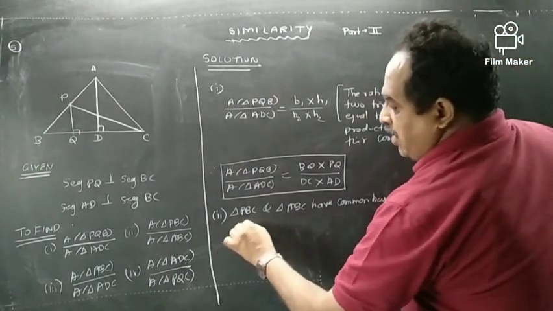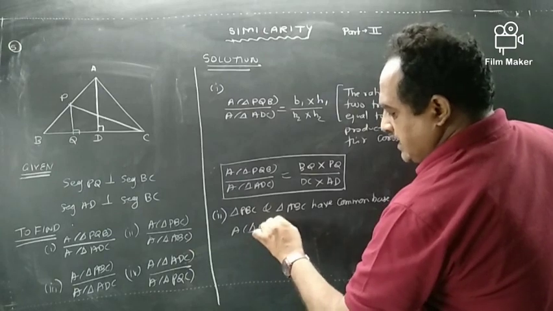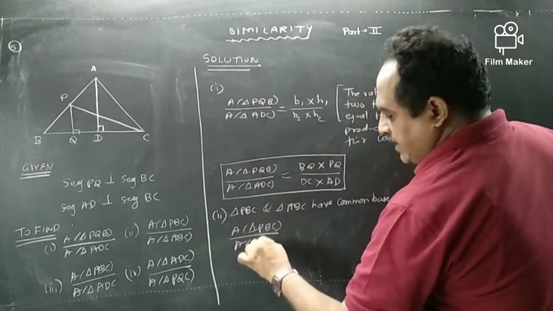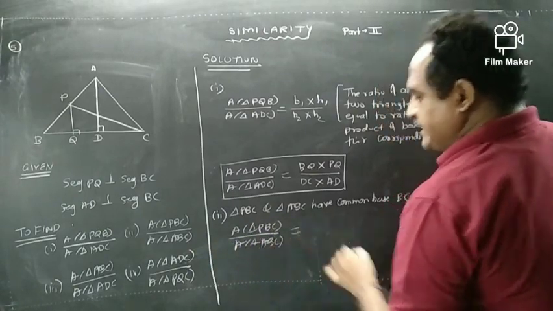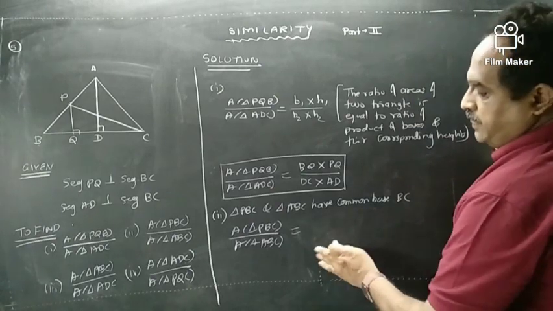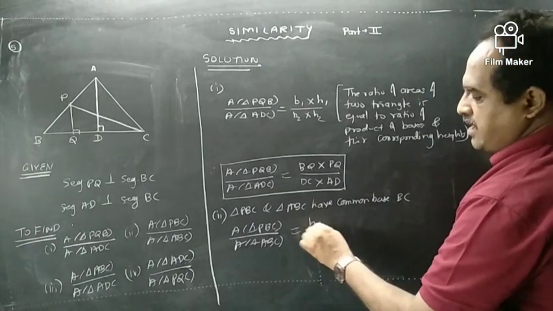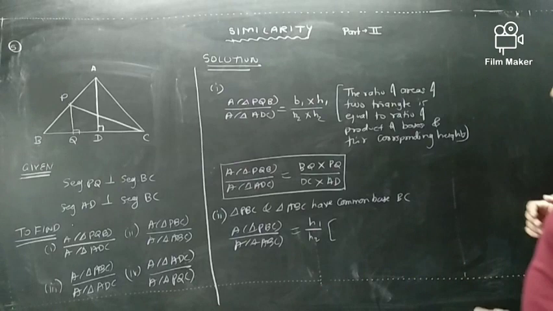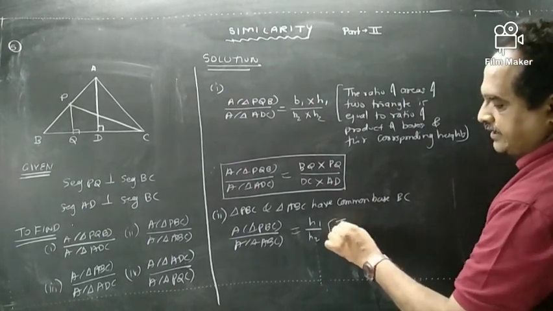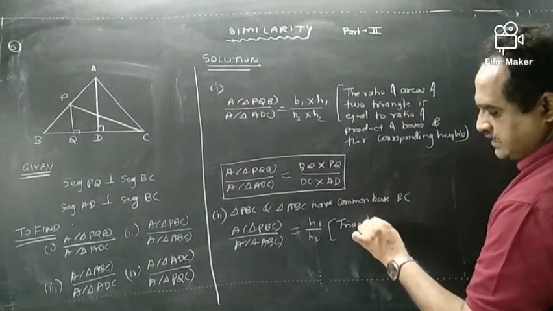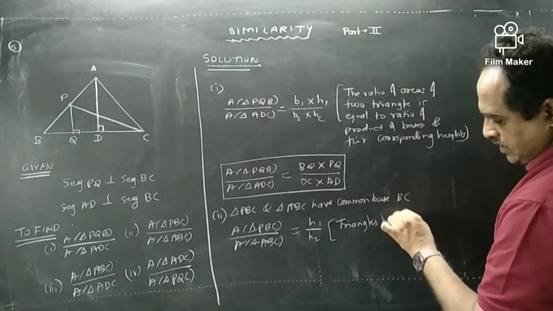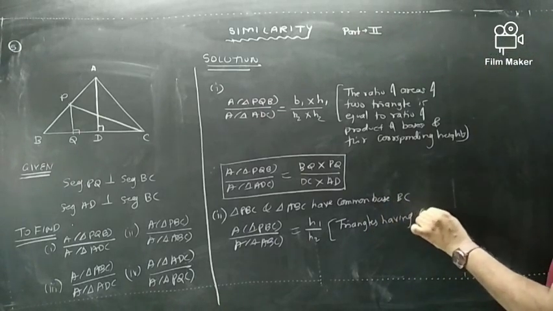So area of triangle PBC upon area of triangle ABC is equal to H1 upon H2. The reason we are going to write: triangles having common base.